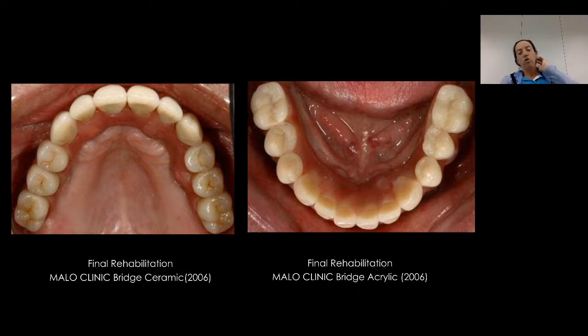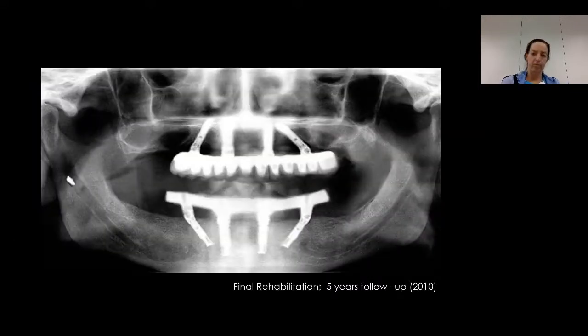And the minimum torque that I would advise you to go for repeated loading would be 30 Newton of torque, okay? This is the minimum that I advise. Although we have to understand that when we talk about total rehabilitation, All-on-4, the rules for cross-arch stabilization are completely different than the rules for single or partial cases, okay?